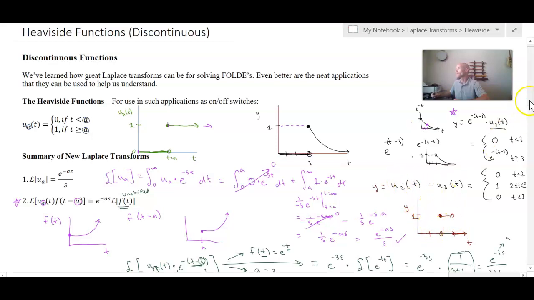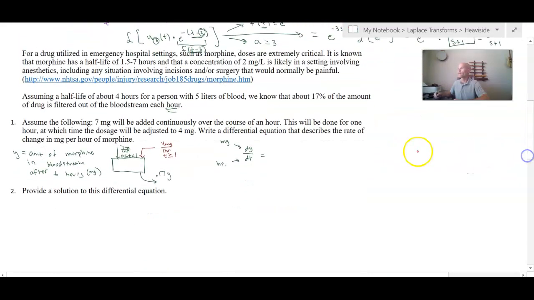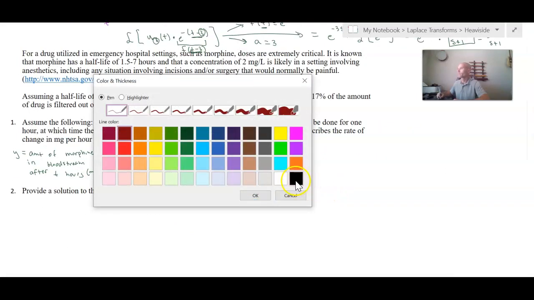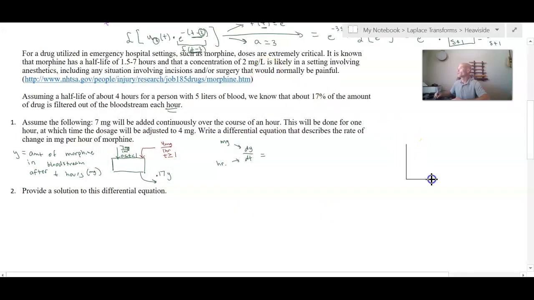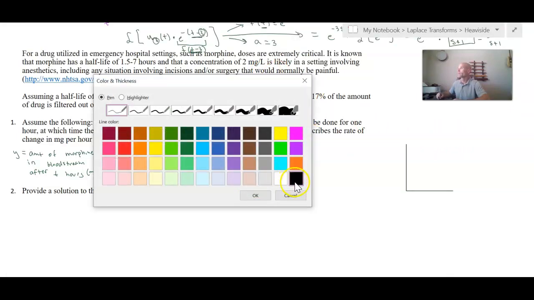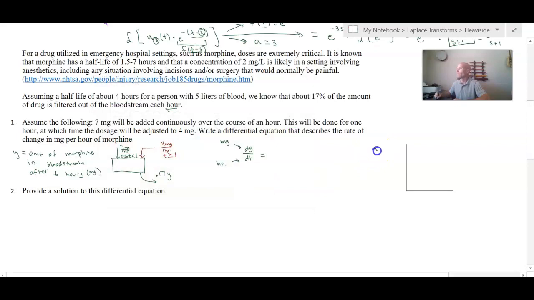What we want is, graphically, maybe I'll do it graphically first. And I'm just doing this for the rate in. So this is going to be the milligrams per hour on this axis. And on this axis, it's going to be as a function of hours, right? Because how many milligrams per hour we're putting in depends upon the time.